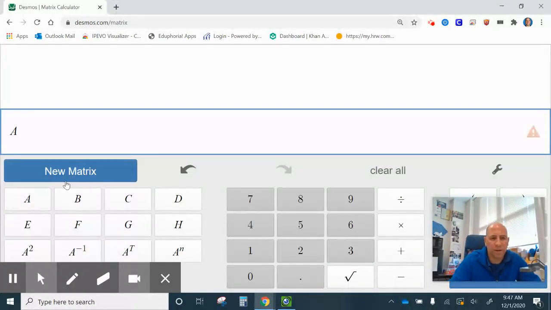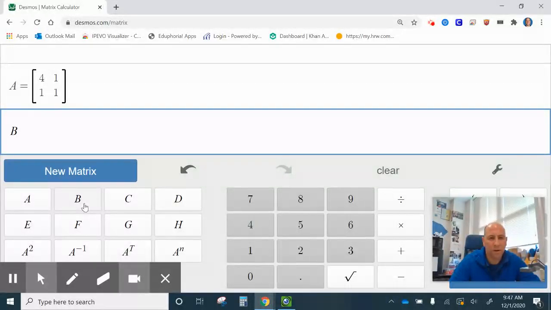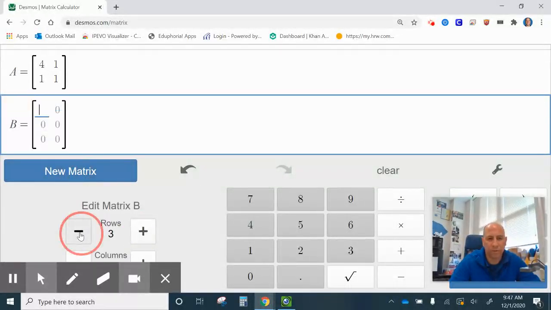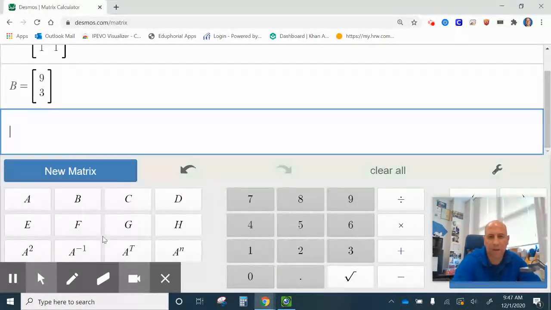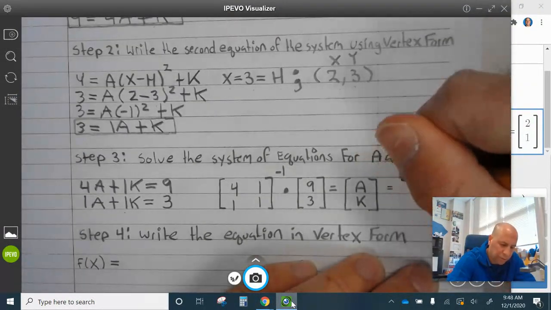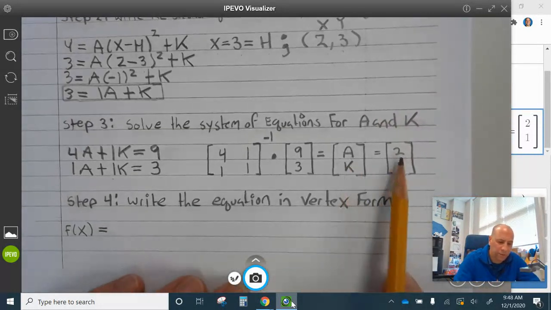I'm going to do A, new matrix, and that is 4, 1, 1, 1, enter, and then B, which is new matrix, and then that's a 2 by 1, which is 9, 3, enter, and then we know we do A inverse B, and so our A and K value are 2 and 1. So A is 2, K is 1.